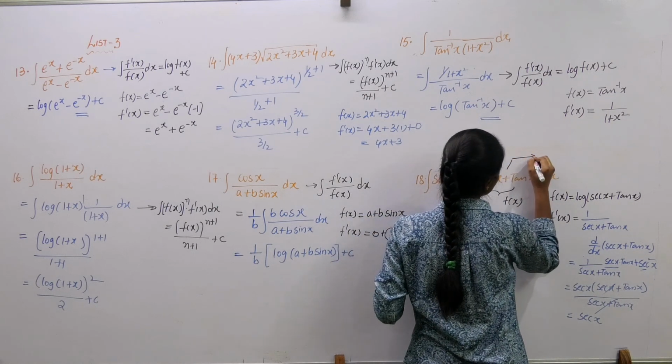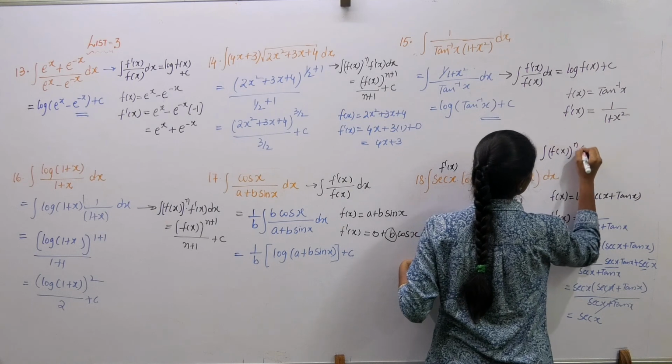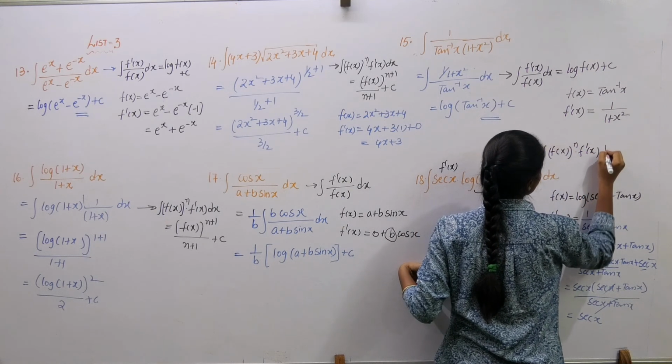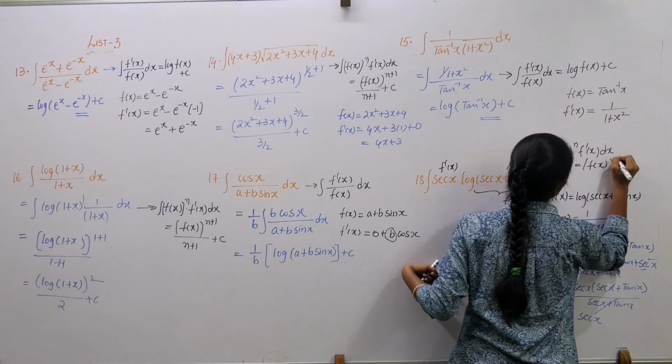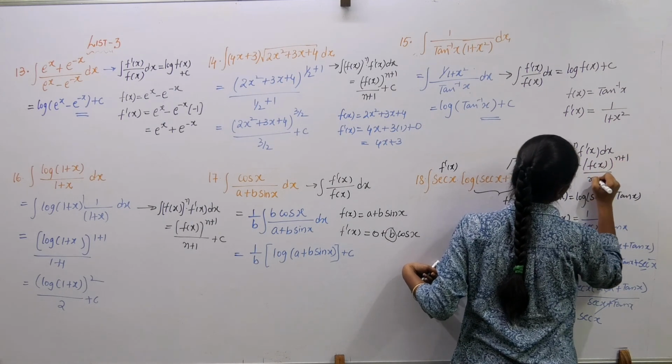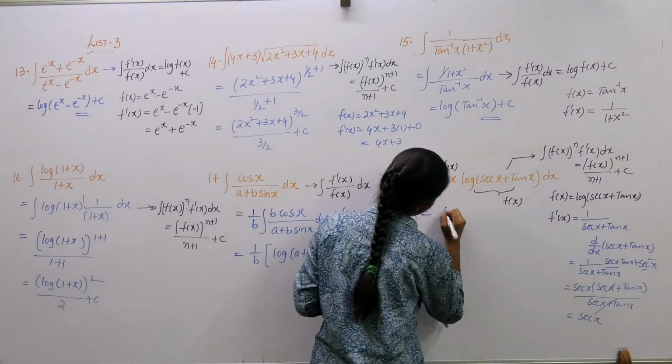So we substitute the formula: integral f of x whole power n into f dash of x dx is equal to f of x whole power n plus 1 by n plus 1 plus c. And we substitute the formula.